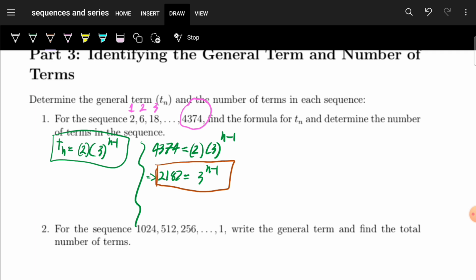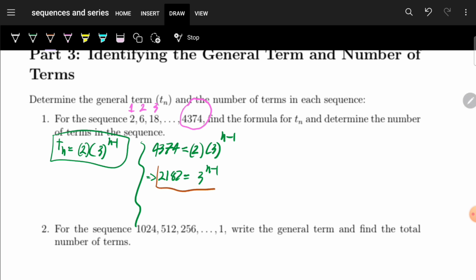The right-hand side is a number that's 3 to the power of something, right? So it's some number of 3's multiplied together.